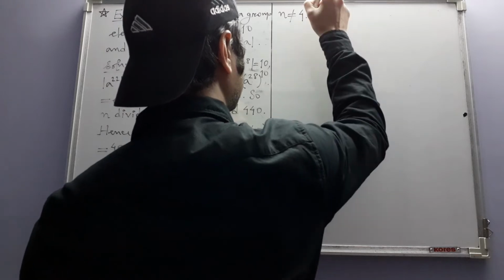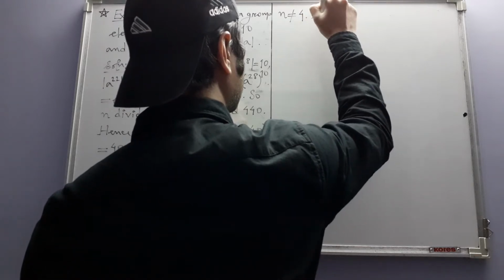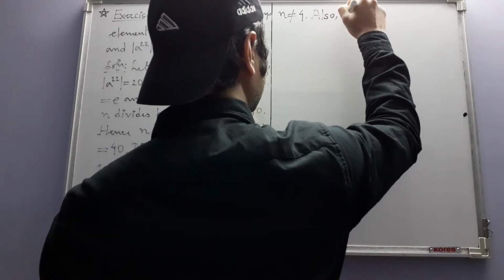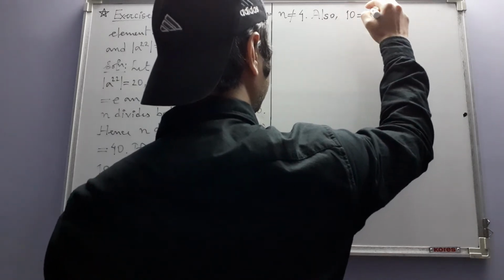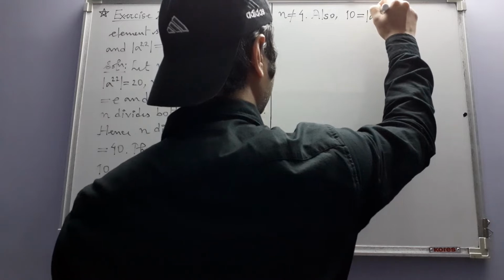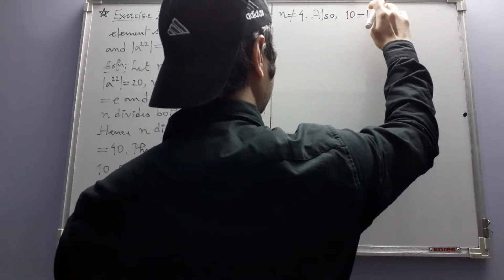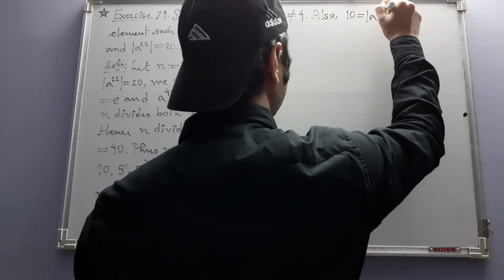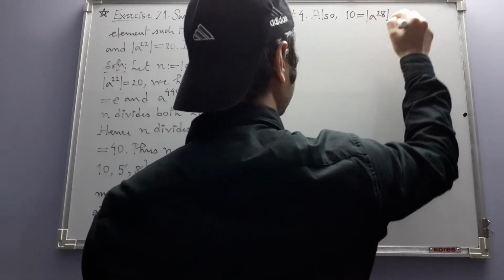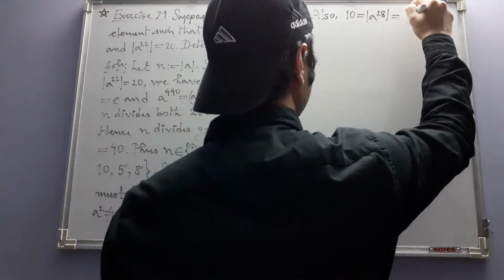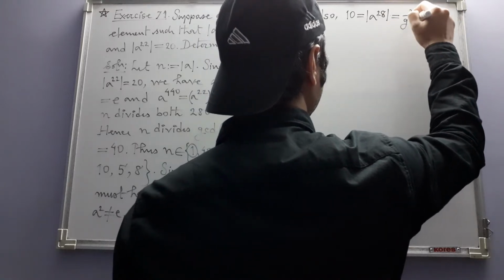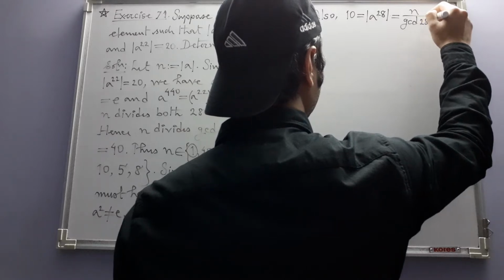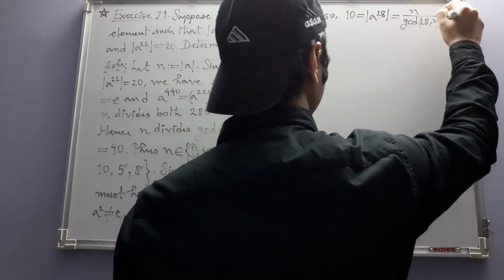Also, the order of a to the power 28 is equal to n divided by GCD of 28 comma n.